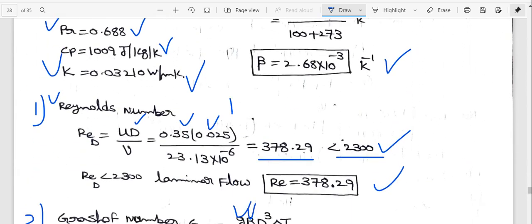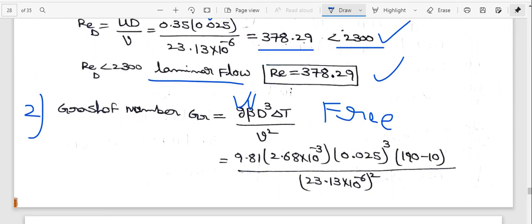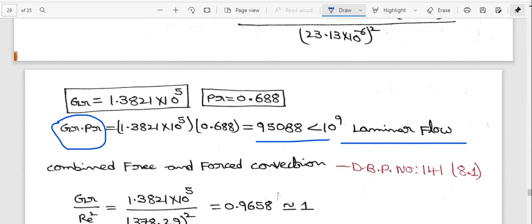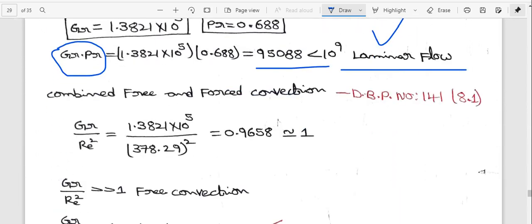So the Reynolds number is for forced convection, and the Grashof number is for free convection. Both cases have laminar flow: free convection is laminar and forced convection is also laminar.